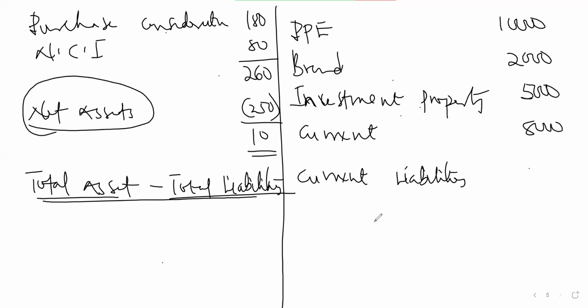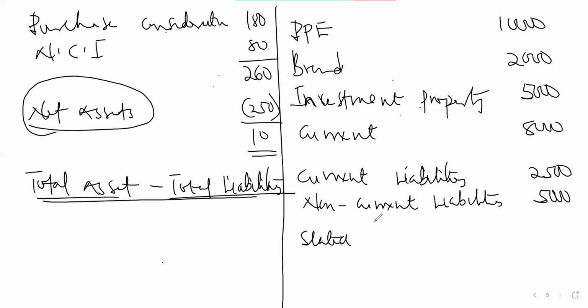Current liabilities of 2,500. And they have given you non-current liabilities of 5,000. So maybe they are giving you the stated capital. They are giving you stated capital of 10,000.